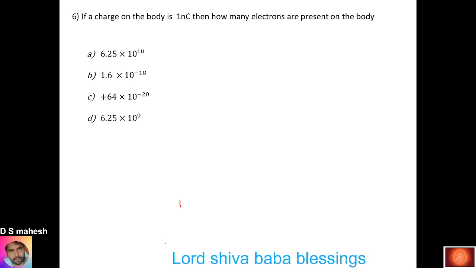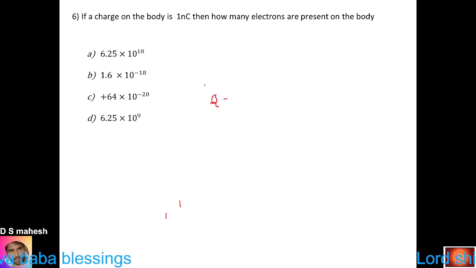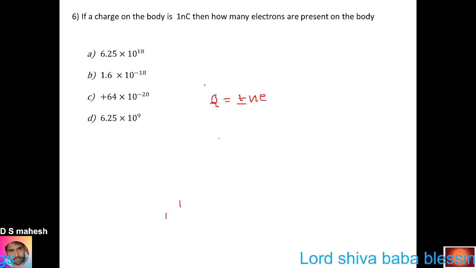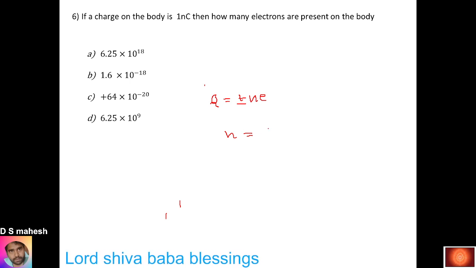So here the same question. So Q is equal to plus or minus N into E. N is equal to Q divided by E.